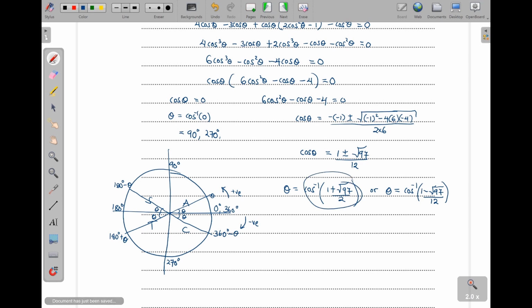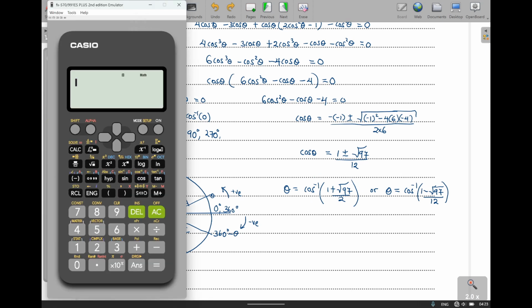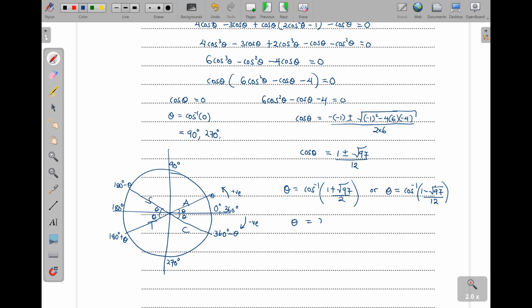Now let's check this one. The calculator must be in degrees because the domain given was in degrees. So arc cos of 1 plus root of 97, then we divide by 12. This one is 23.3, so here it is 23.3 degrees. Now this part here is positive, so I'm supposed to pick angles from the first quadrant and then the fourth quadrant.